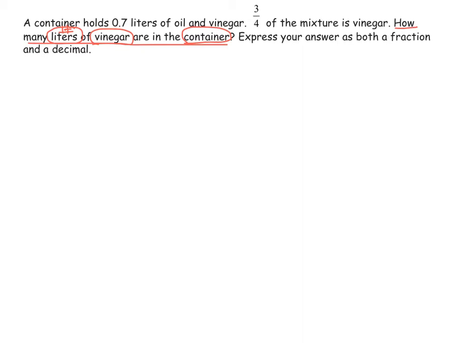The container holds 7/10 liters of oil and vinegar, so it's both. So 2 things. Okay, 3/4 is vinegar. Then it says express your answer as both a fraction and a decimal.